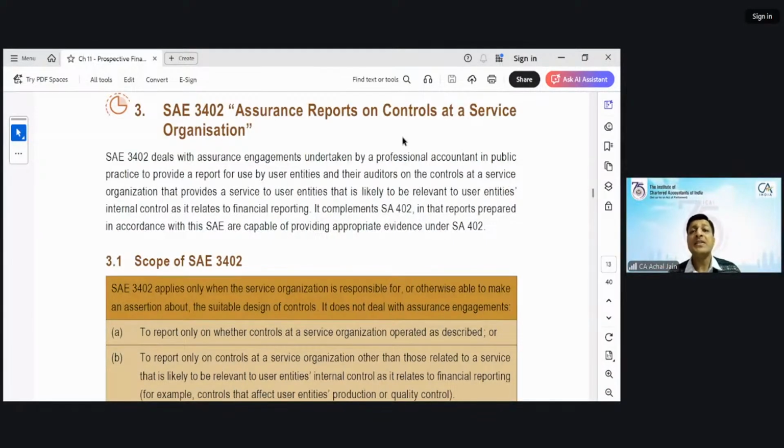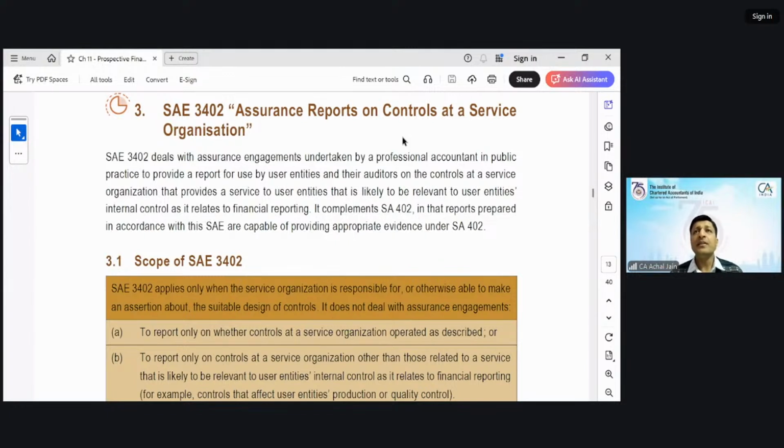Why? Because there is a service entity which is providing some services, for example, payroll. This entity is managing this complete payroll on behalf of the user entity. So for this entity, as regards that payroll, the controls which this entity will have are required to be looked at and reviewed, because that is going to be relevant to the user entity's auditor.